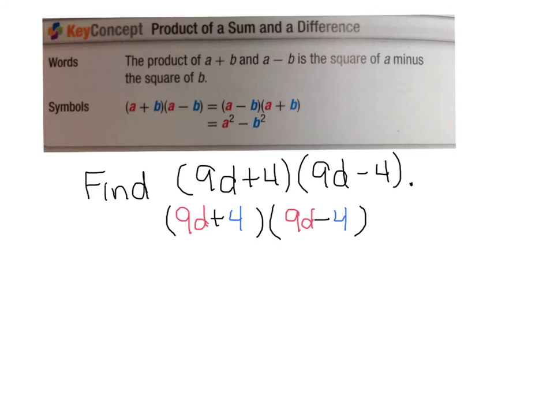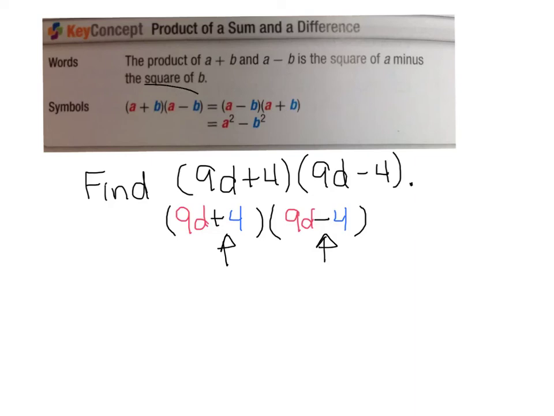Now the last concept that we're going to look at is probably the easiest shortcut of the previous ones we've looked at. It is the product of a sum and a difference. Notice we've got a sum and a difference here.